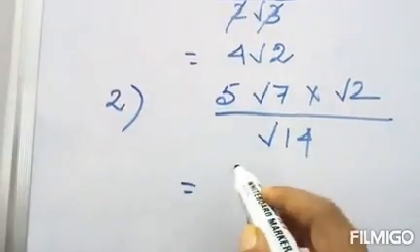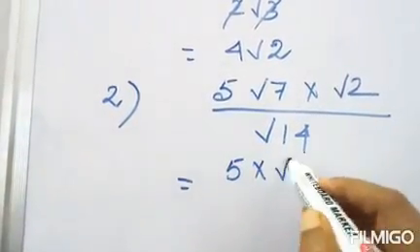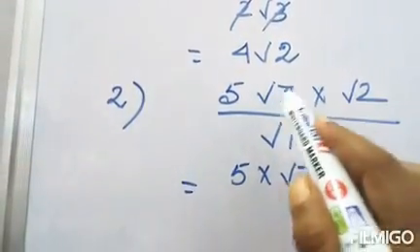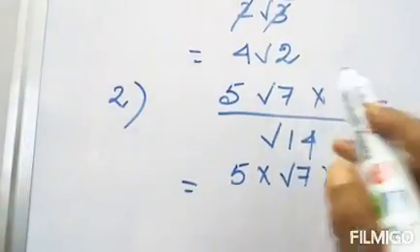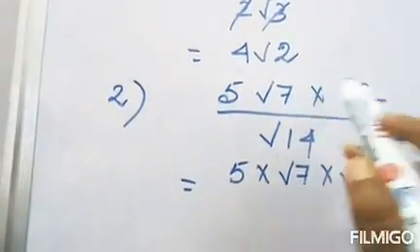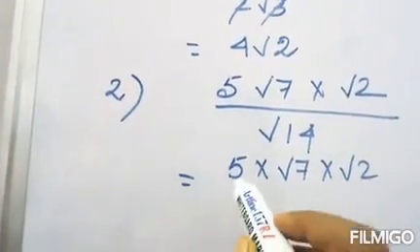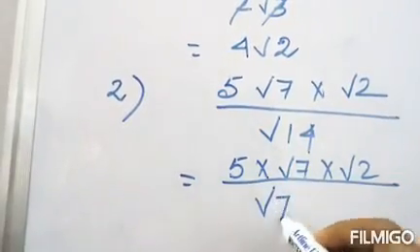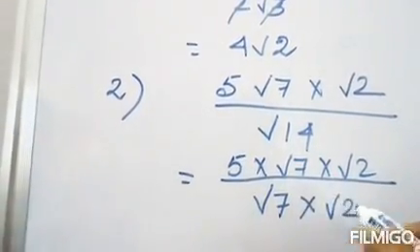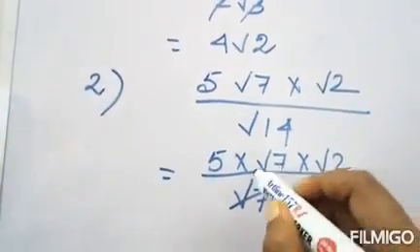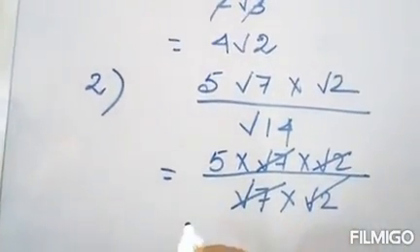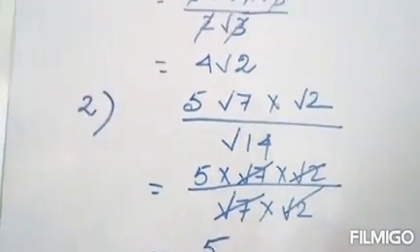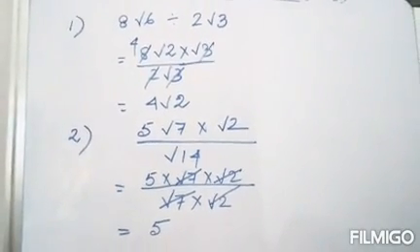Now 5 into, this means what? 5 into root 7 into root 2. Now whenever it is given in multiplication form, we can individually multiply both the numbers and we can put the root also. Okay, so similarly here root 14 means what? I can write root 7 into root 2. Okay, so same terms in numerator and denominator will cancel each other, and my answer will become 5. Understood?